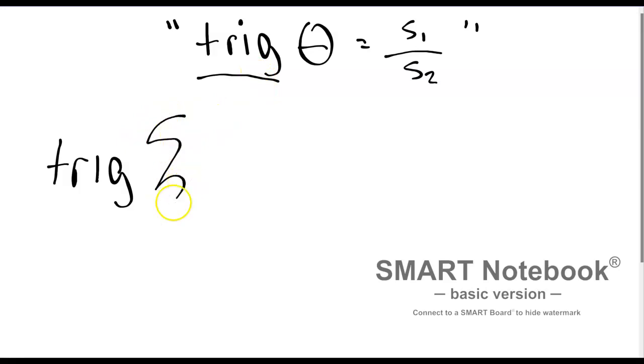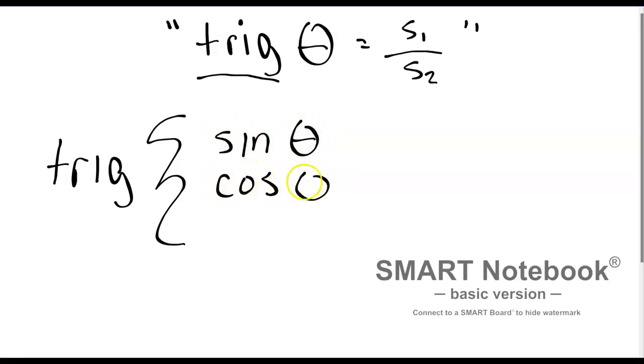So if you're a little lost, bear with me. What actually will go here? You're going to have sine of theta, like you looked it up. You're going to have cosine of theta, and you're going to have tangent of theta. For this lesson, that's it.